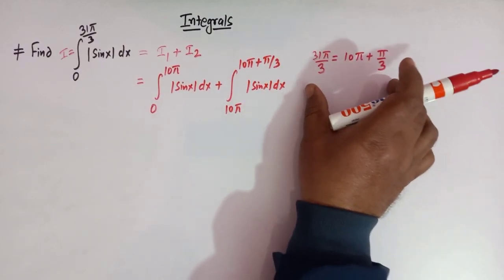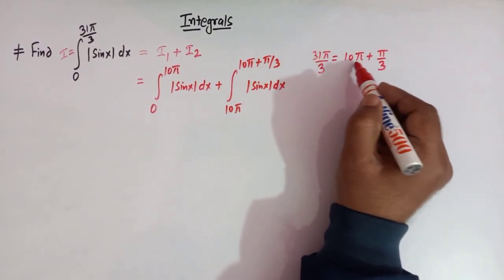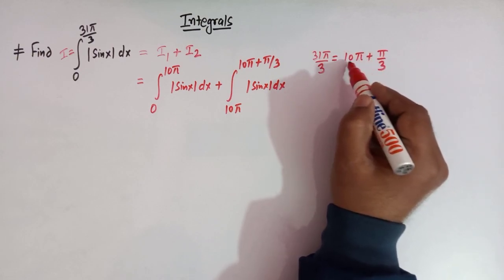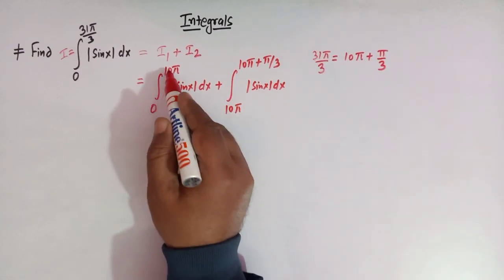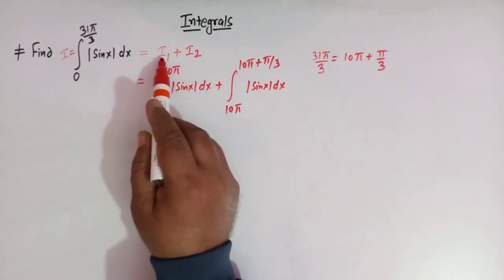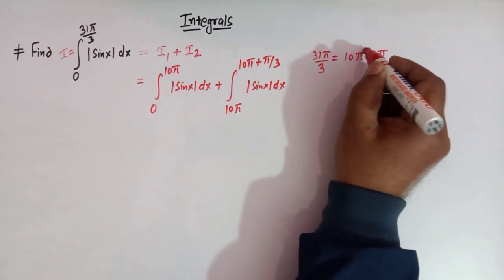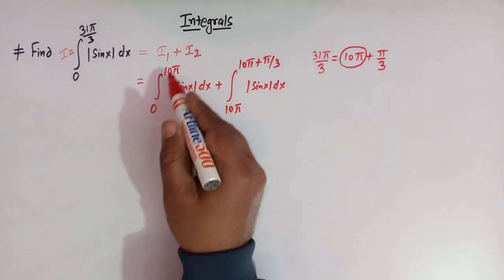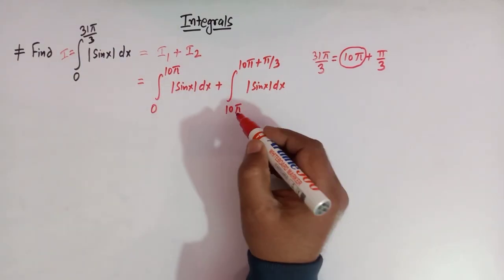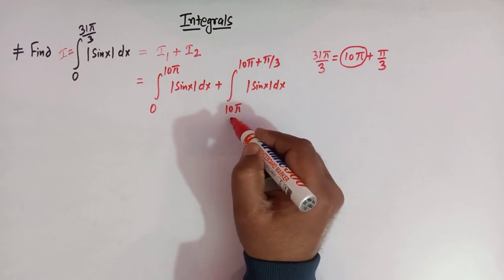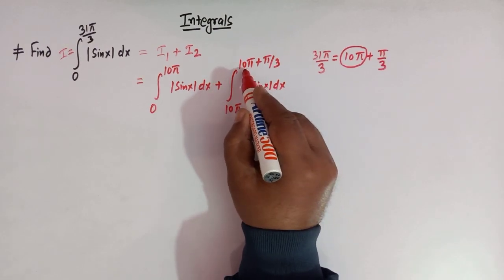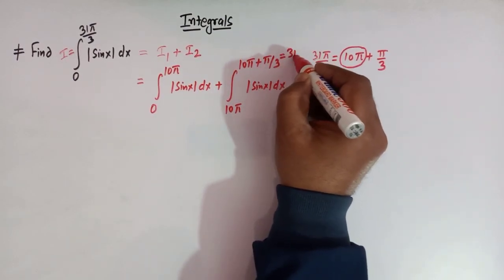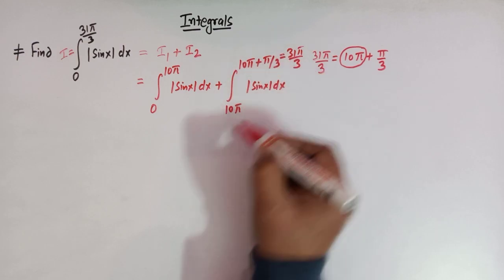The important thing is that 31π/3 is written as a sum of two real numbers, 10π plus π/3. So we break this integral into two integrals, and the breaking point is 10π. The first goes from 0 to 10π, and the other from 10π to 10π plus π/3, which is obviously equal to 31π/3.